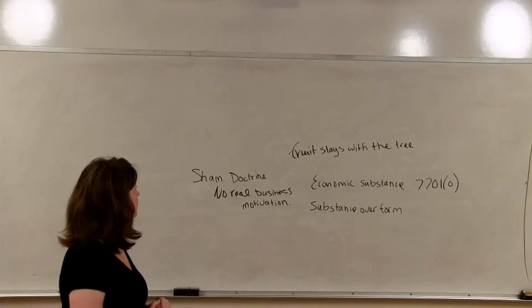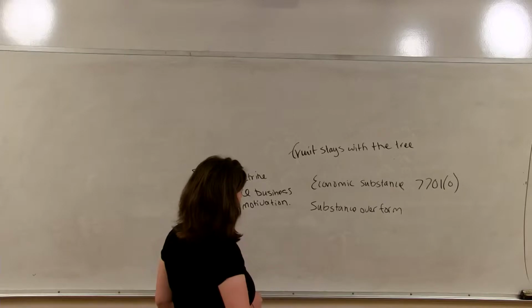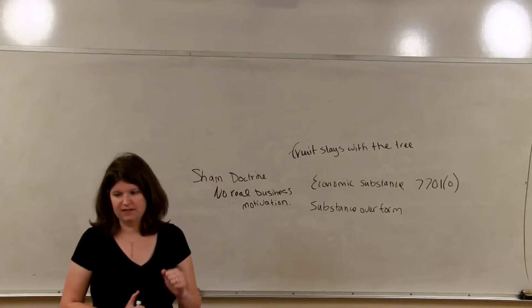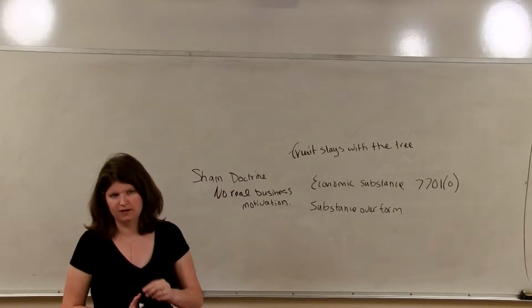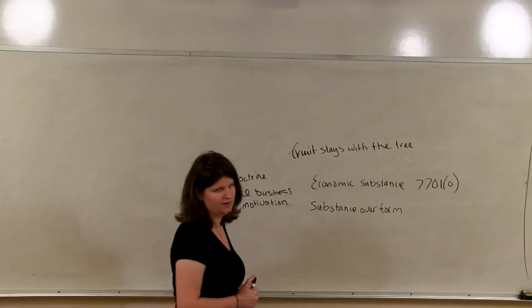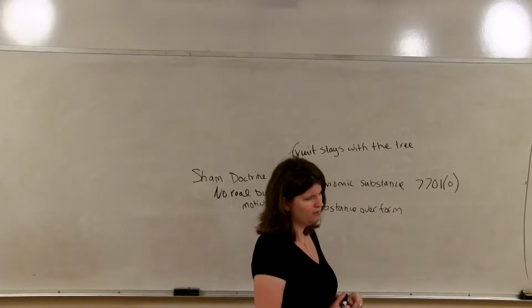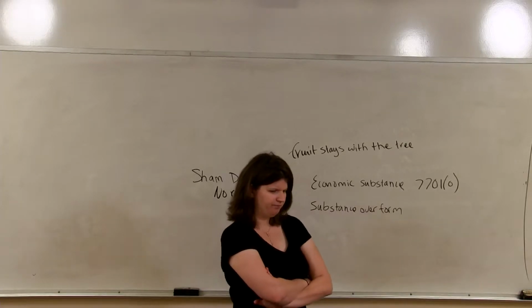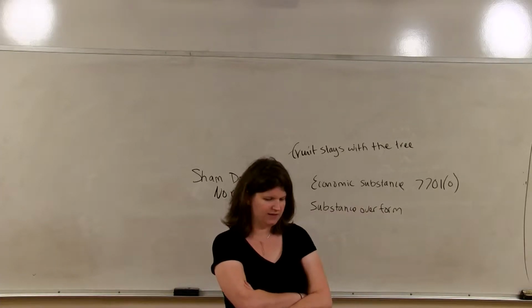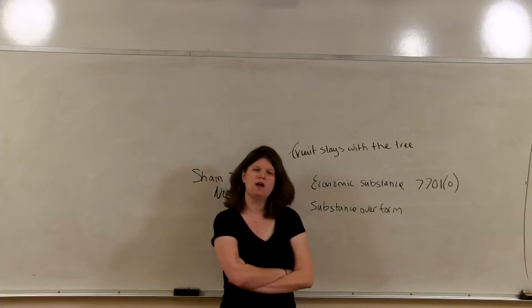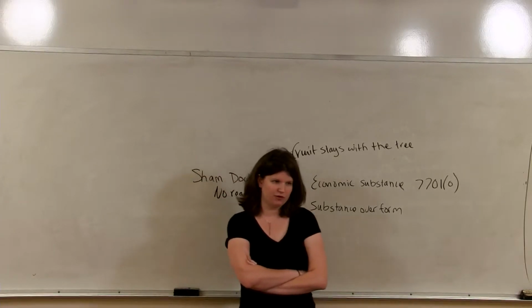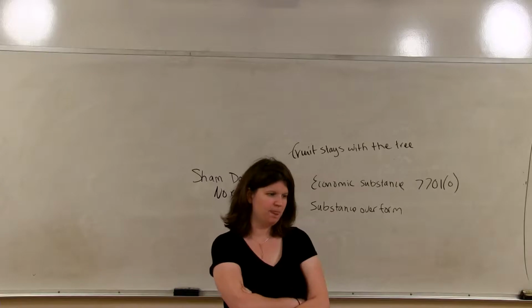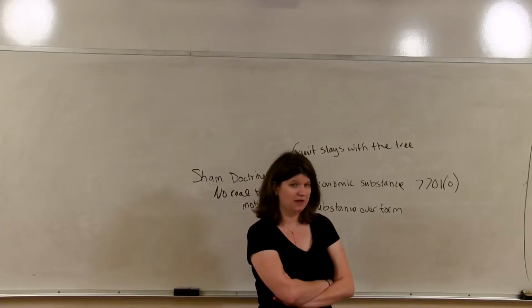Another way that you see substance over form is compensation or a dividend. And we'll see this in an example here in a little bit. So let's say we have a shareholder and they are receiving compensation from the company for their services as being a shareholder instead of receiving a dividend.